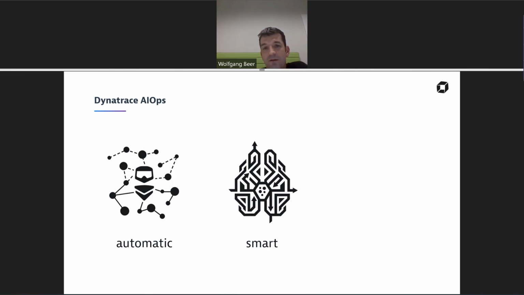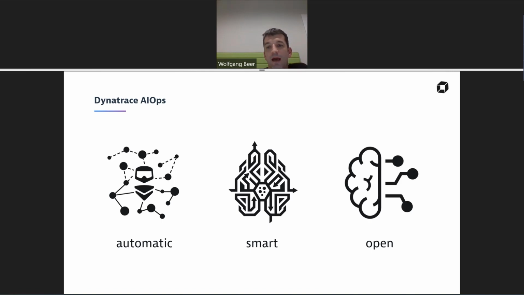The decisions derived from that automatic gathering of information are smart. So we apply smart algorithms on top in order to find out what is happening, what is dependent, and what could be the root cause of a complex situation.